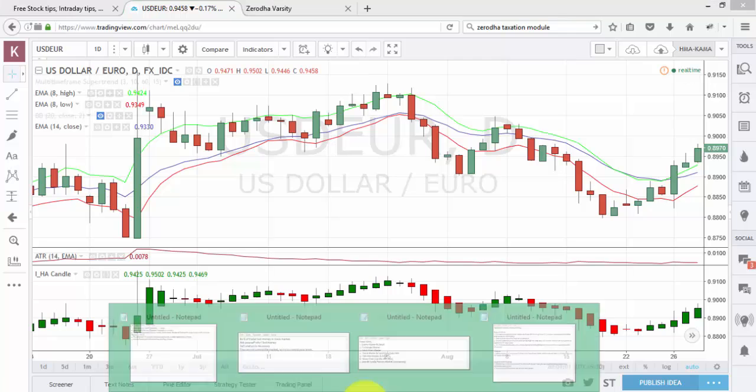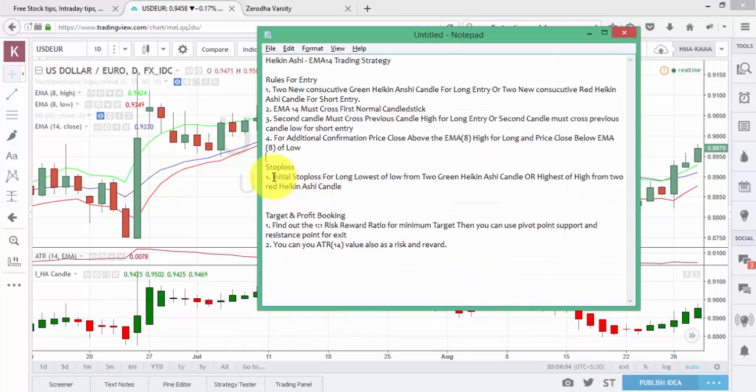Let's have a look here. For the initial stop loss, for a long you can set the lowest low of the two green Heikin Ashi candles, but it is a short entry in our example.